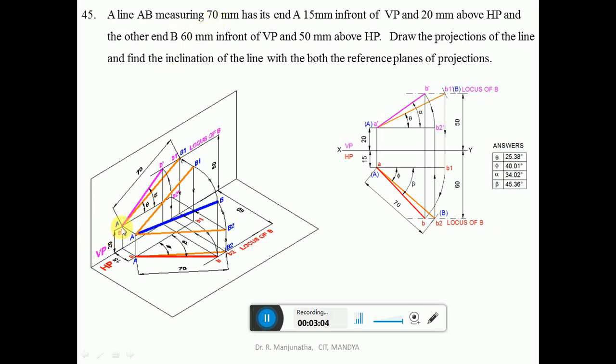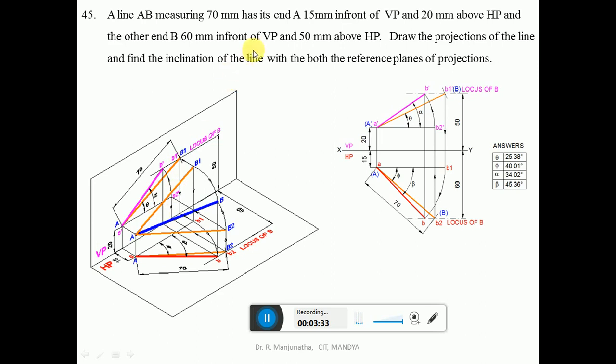So with A dash as center, take the radius of 70 mm and cut it on the locus of B in the front view, so that you get this point B1 dash. Then mark this point as B1 and write this as the locus of B, because the locus of B is already available. Then join A dash B1 dash a little thicker than the projector.